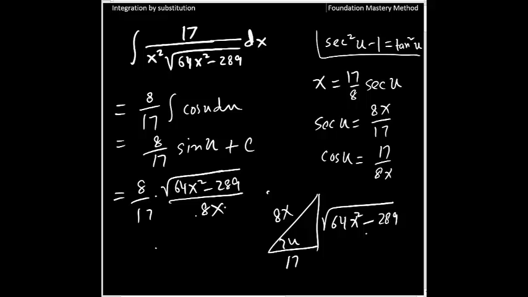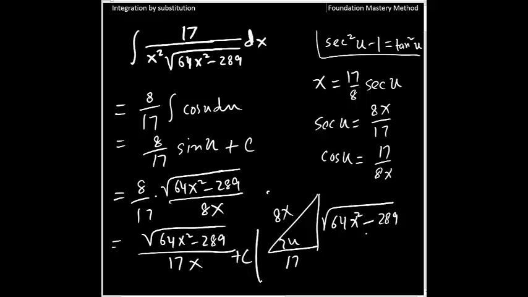So now you can cancel 8 from numerator and denominator and write a simplified version of your problem, just 8. So we get now square root of 64x squared minus 289 over 17x plus integral constant, and we are done. I hope this makes sense to you.